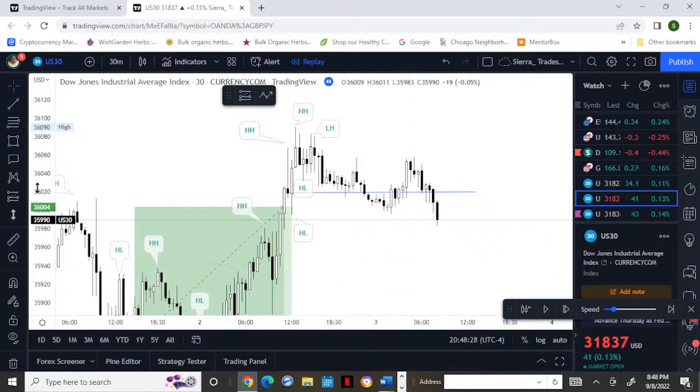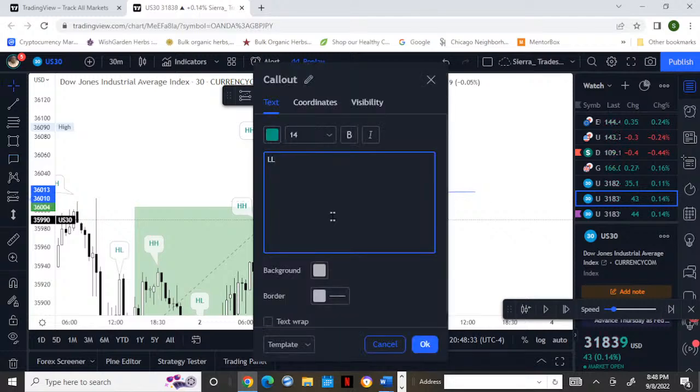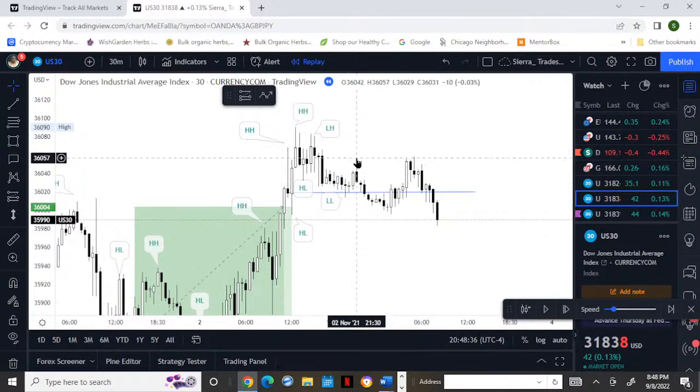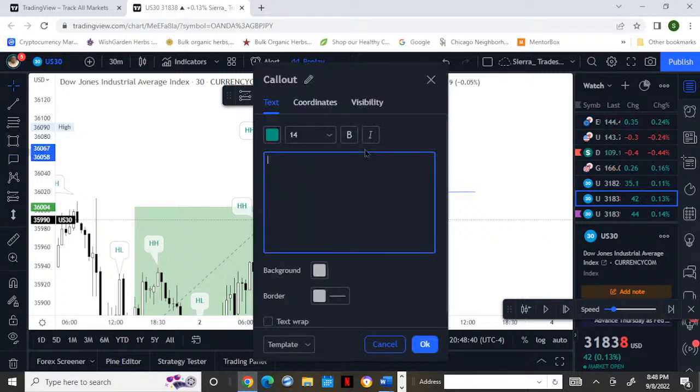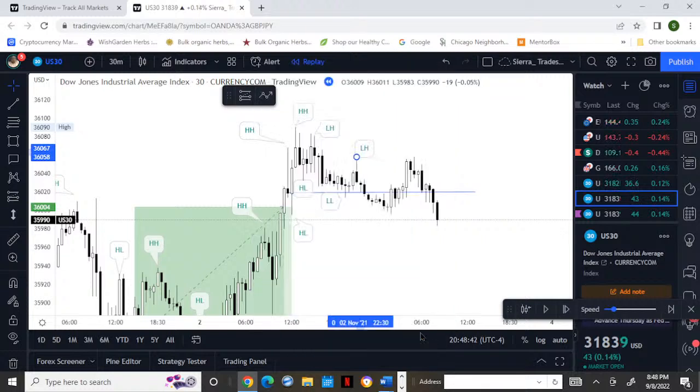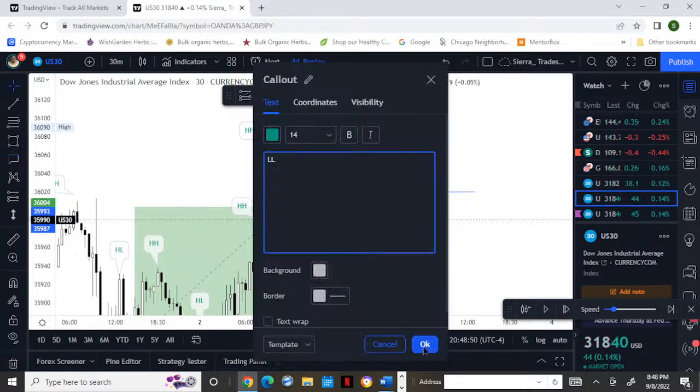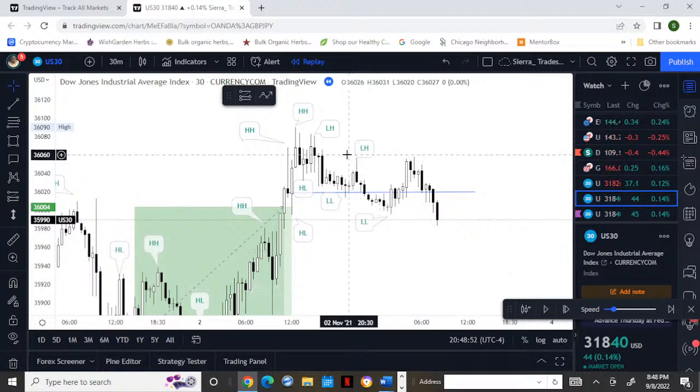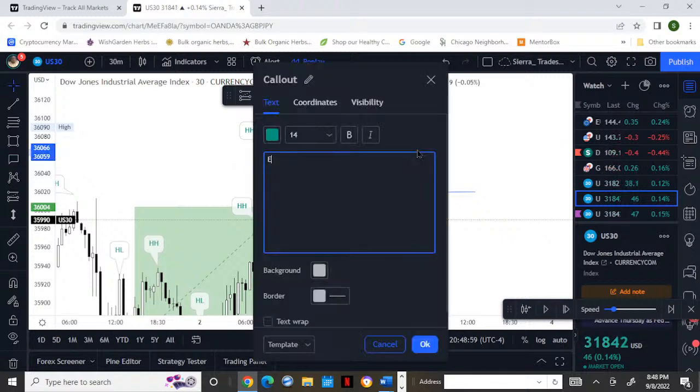And our lower low is here. Lower high. Lower low. And yep, just about equal lower highs. Okay, so equal lower highs.